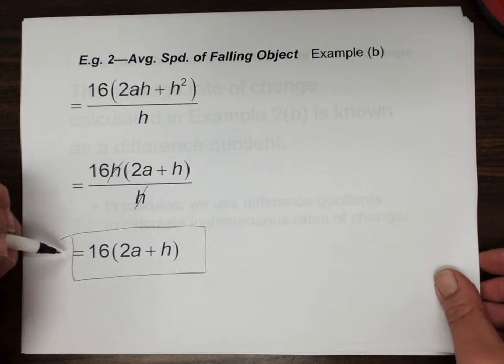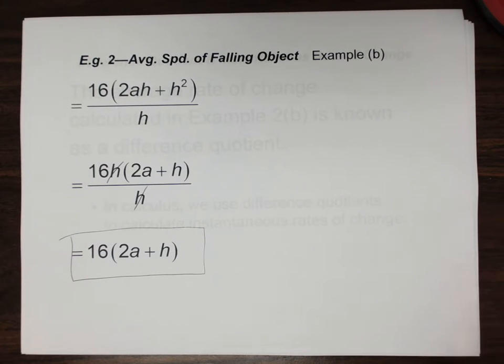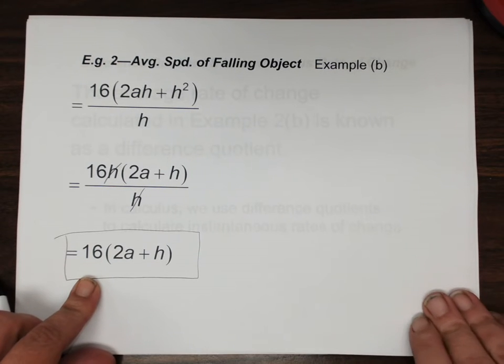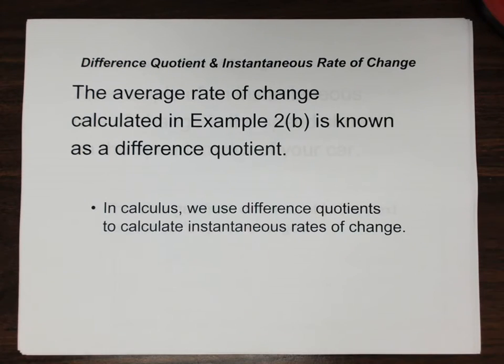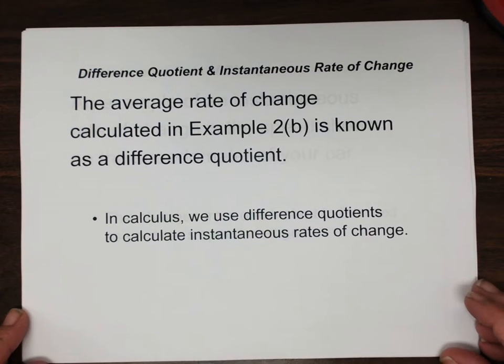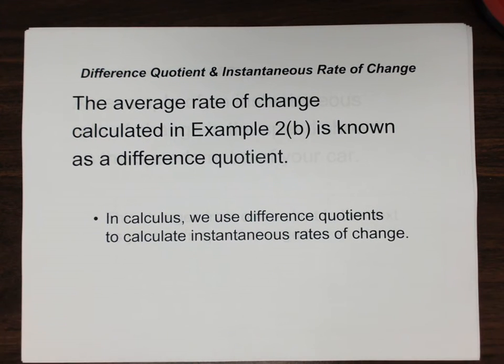But a lot of times in our course we are going to be looking at things that are more variable in nature, and this is actually a special example. So let's talk about that a little bit. We're going to talk about this more tomorrow, but that average rate of change that we just calculated is known as a difference quotient. And in calculus, we use difference quotients to calculate instantaneous rates of change.